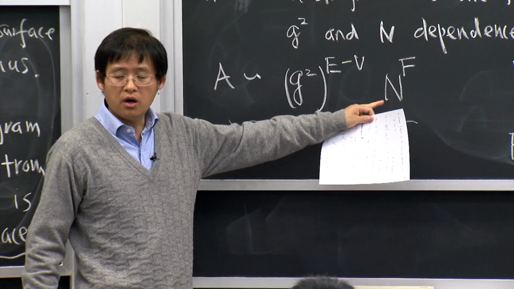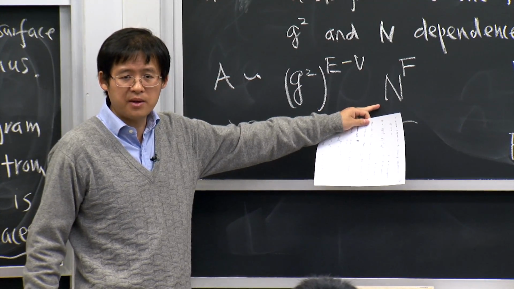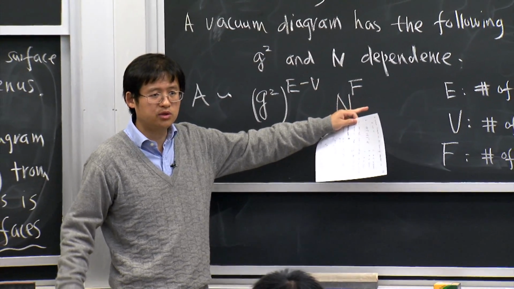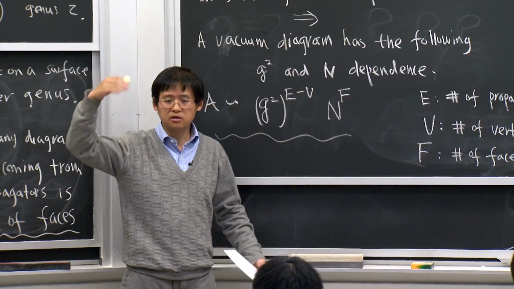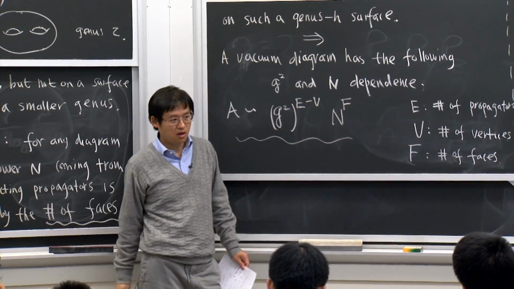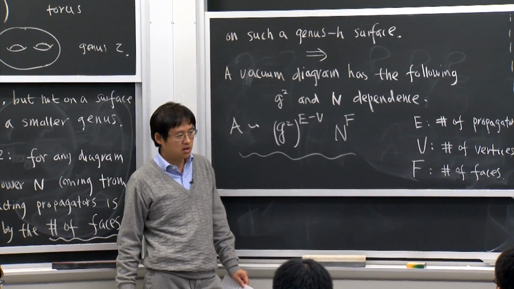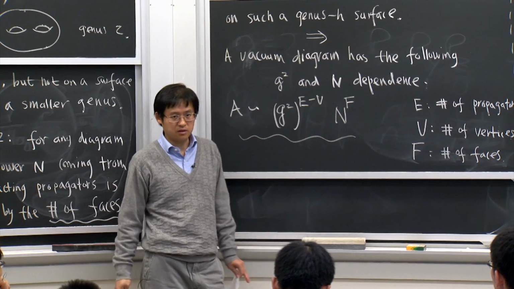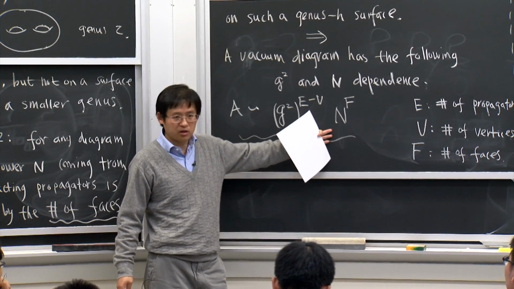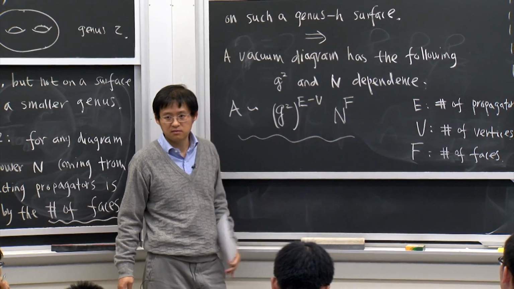Because I can draw a complicated Feynman diagram in which F can be as large as possible. If you have sufficiently many vertices and sufficiently many propagators, F is unbounded. So then there's not a well-defined n going to infinity limit.